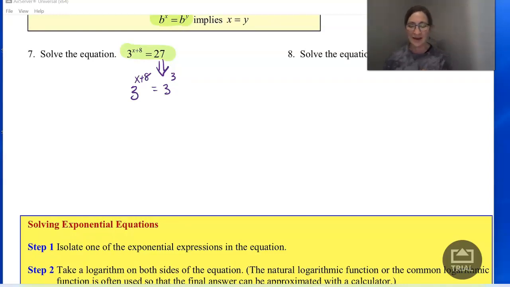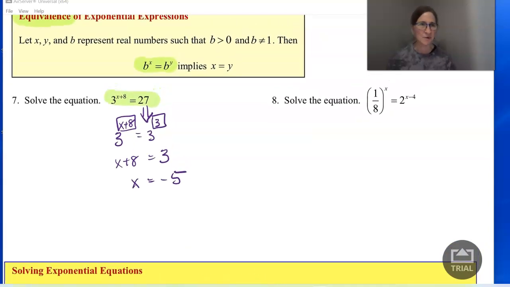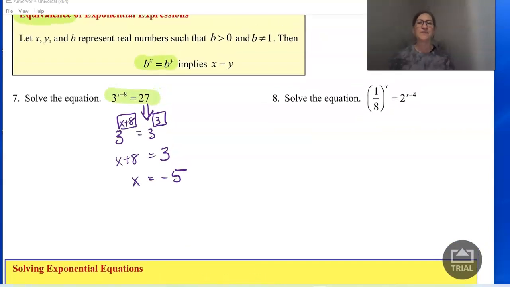I can set these exponents equal to each other. x plus 8 is equal to 3. Subtract 8 from both sides, and I get x equals -5. I don't have to check anything. All numbers in my domain are going to work. Okay, so x equals -5 is a perfectly fine solution.